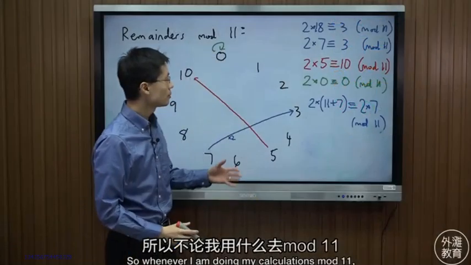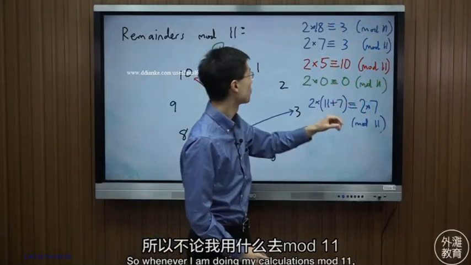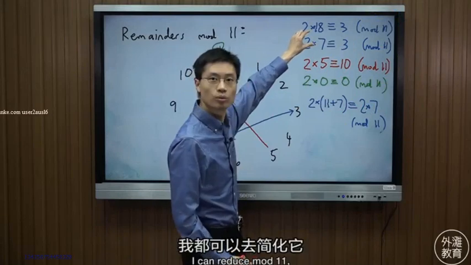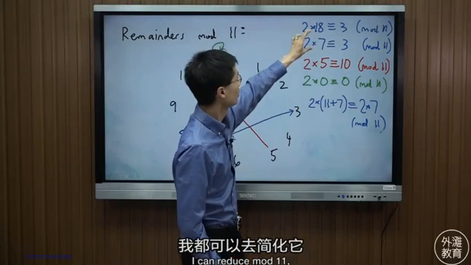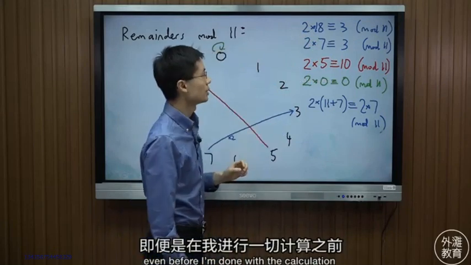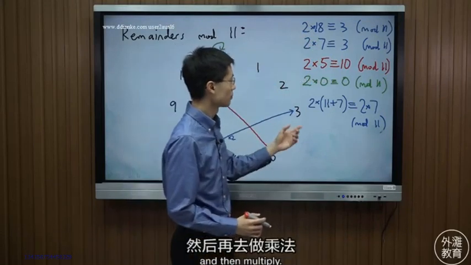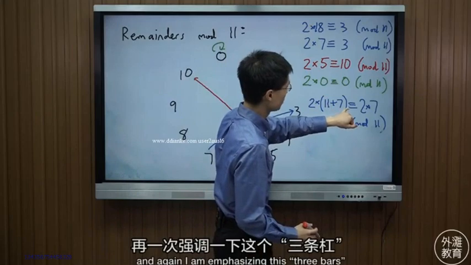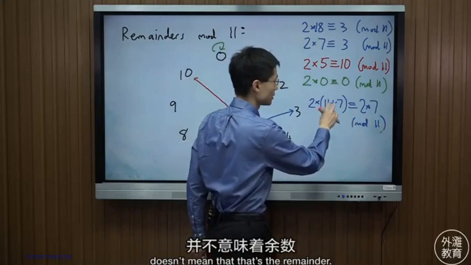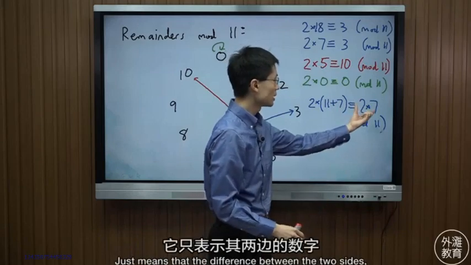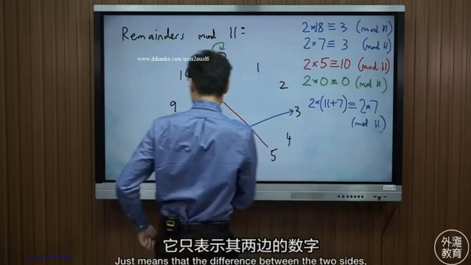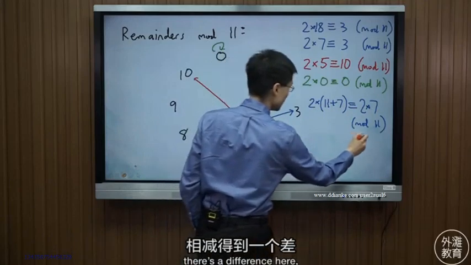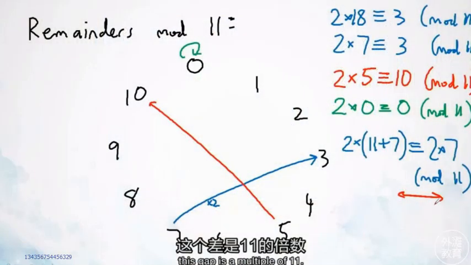So whenever I'm doing my calculations mod 11, I can reduce mod 11 even before I'm done with the calculation and then multiply. And again, I'm emphasizing this 3 bars doesn't mean that that's the remainder. It just means that the difference between the 2 sides, this gap, is a multiple of 11.